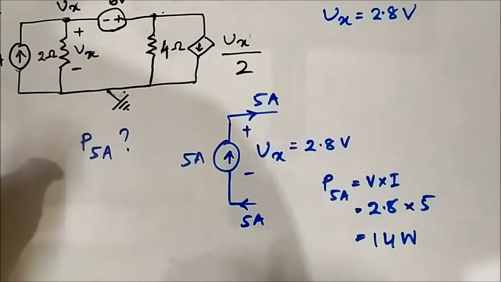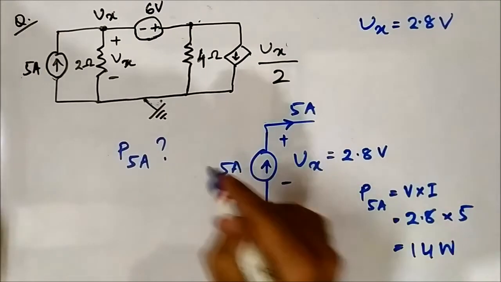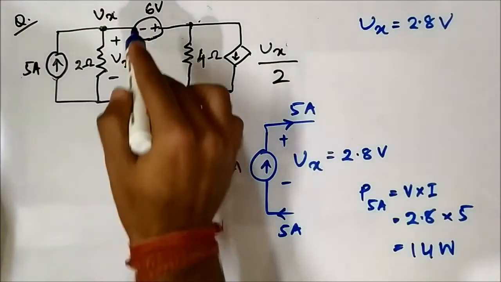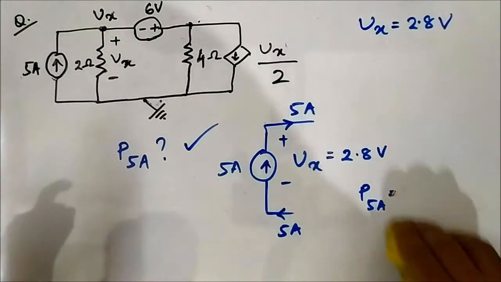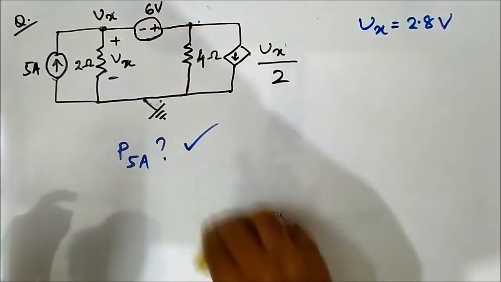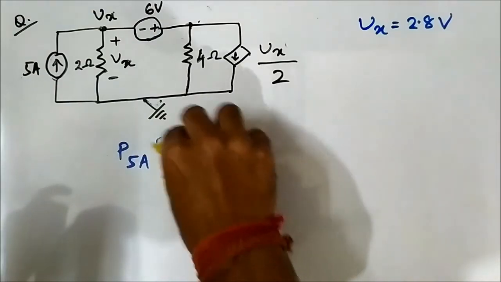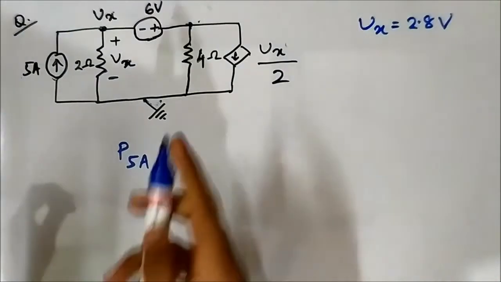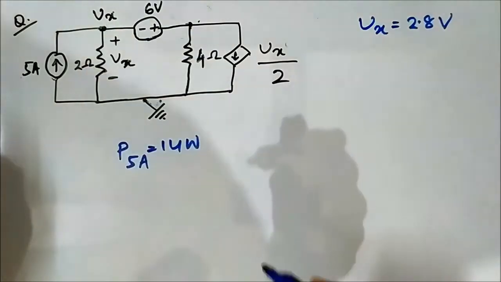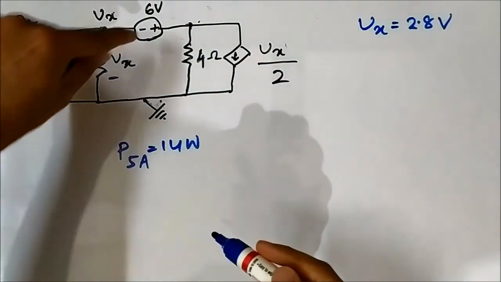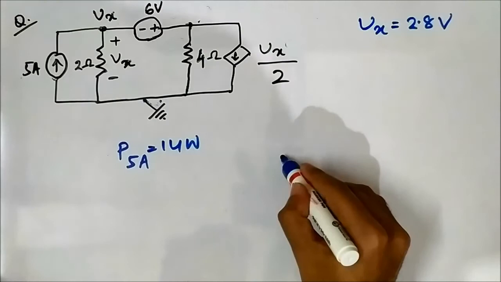Okay. Now the 5 ampere is done. Next is the power supplied or absorbed by the 6 volt voltage source.